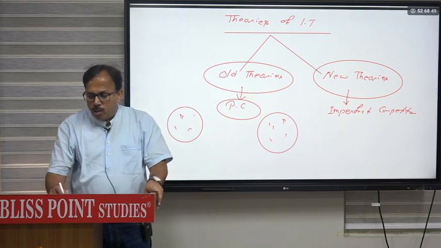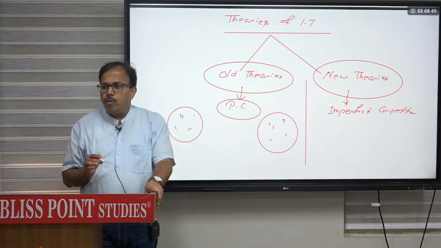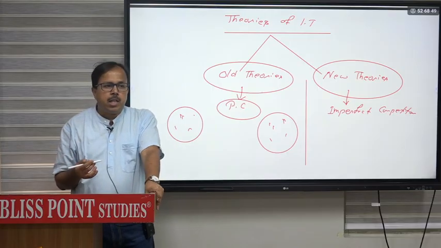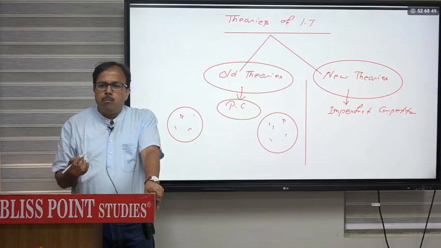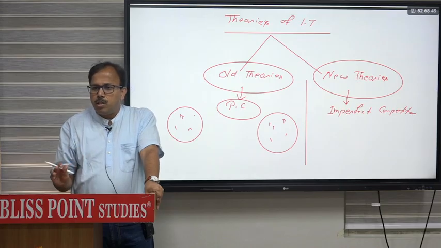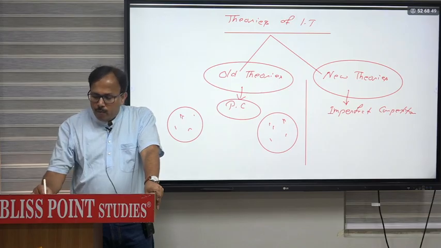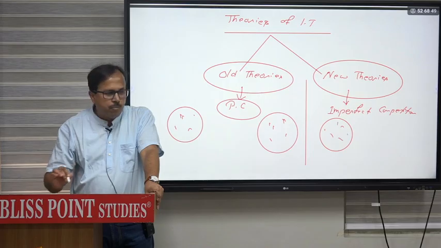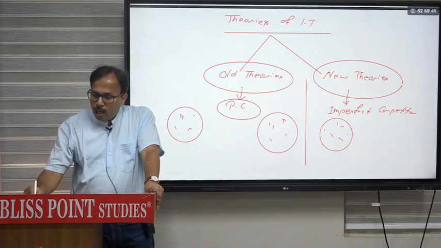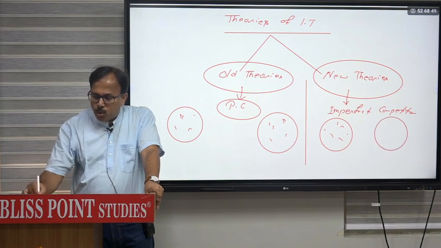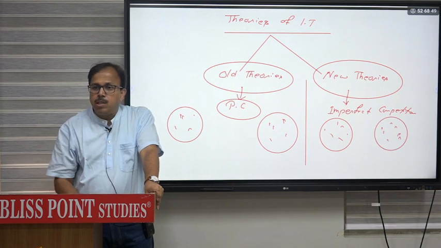But the new trade theories are based upon imperfect competition, like monopolistic competition. The most important property of a monopolistic competition market is that firms produce a differentiated product. So there will be cloth producers in the home country, but they are not producing the same cloth, they are producing different cloth. In the foreign country also there will be a cloth industry, with different firms producing different cloth.